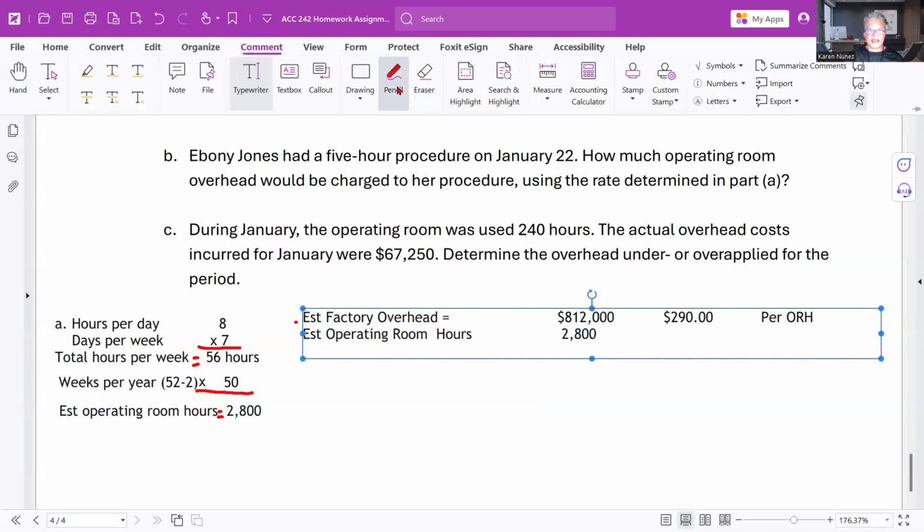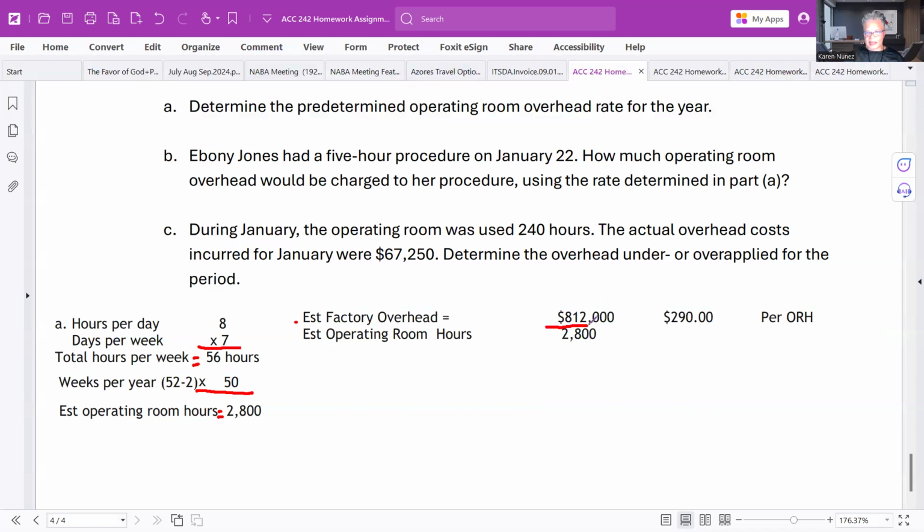So we've got the estimated overhead of 812,000 over the estimated operating room hours, 2,800, which gives us $290 per operating room hour. That's our rate. Our rate is $290 per operating room hour. We had to do a little work to get that rate because they didn't give us the total hours we would need in that denominator. They just told us what the denominator should be, but didn't give us the denominator.